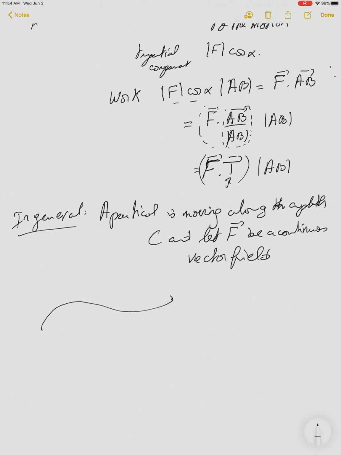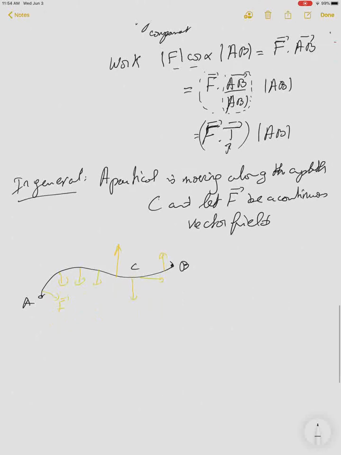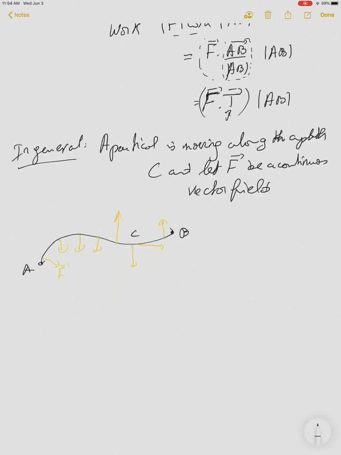So I have the motion, this is C, and I have a vector field, which might be like this, not a constant vector field. This is F in yellow. Then how do I calculate the work of F, as the particle moves from point A to point B along C?